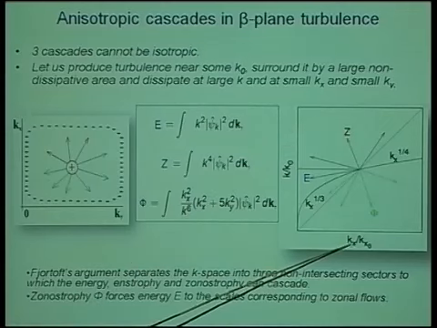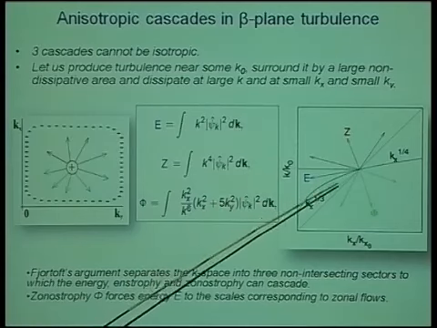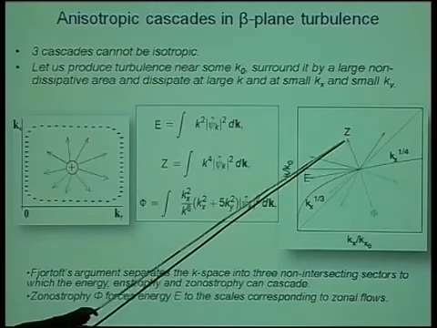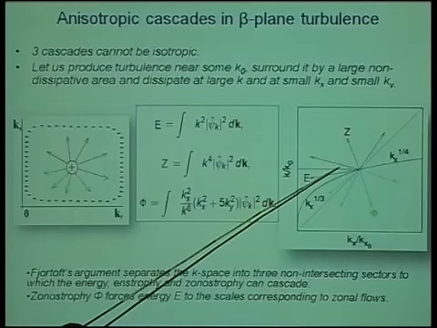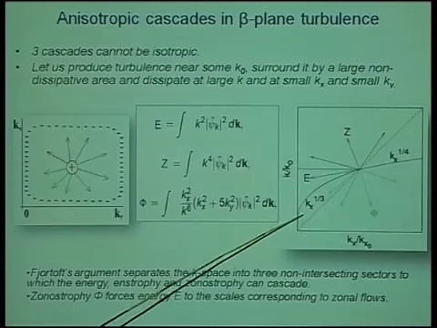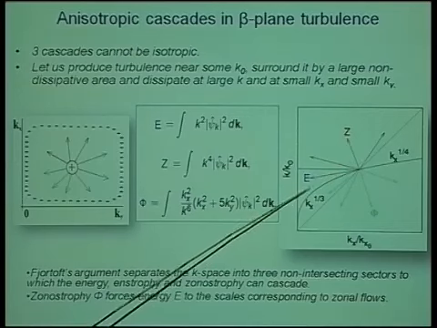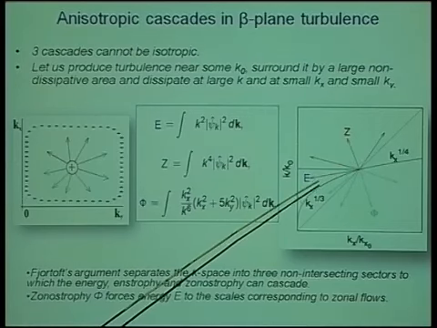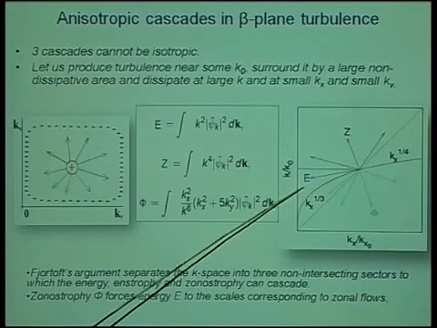The entropy must cascade to large wave numbers. This picture is, by the way, kx and mod k, right? Zonostrophy has to cascade to large wave numbers as before, energy to smaller wave numbers. But you see, there's a big sector in k-space that is eaten out by this extra invariant, which pushes energy towards zonal scales.